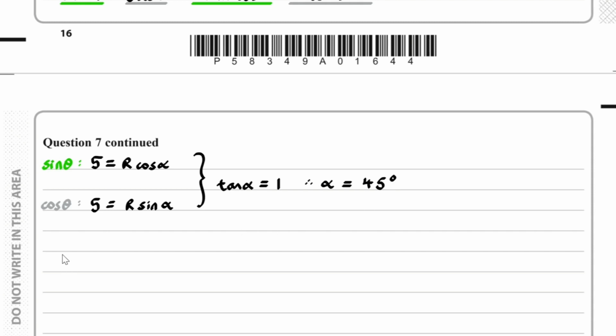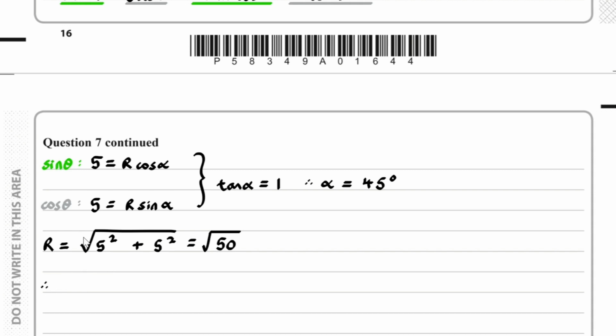And if I find out the value of r, r is equal to 5 squared plus 5 squared square rooted, which is the same as the square root of 50.